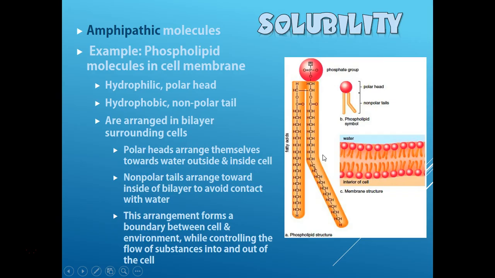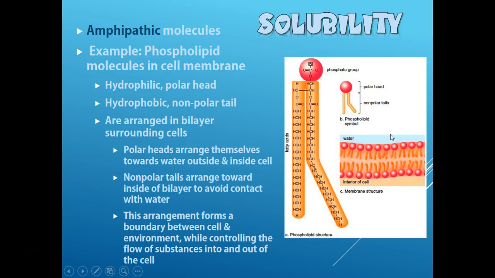They don't have any charge to them, but then they also have these phosphate groups, or these polar, charged heads to them. And so your phospholipids are a major component of the membrane that surrounds the outer covering of our cells. And they end up forming these bilayers, or a double layer around your cells. And there's a reason for it.